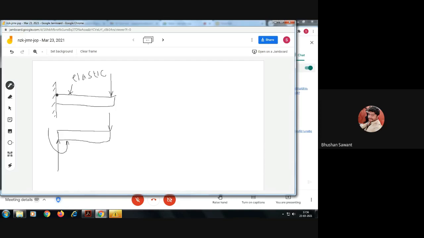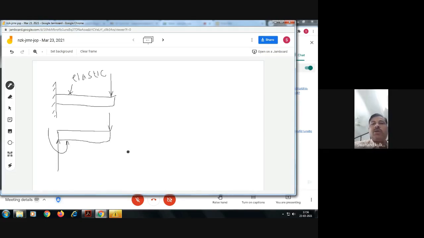Yes, sir. So at the left side, this was fixed. But in order to solve this problem, I have replaced this support system with the help of these two arrows. Out of these, the first arrow is in the upward direction. That means whatever the downward force, the same force acts in the upward direction also. So upward and downward forces are the same. The support will bear the total downward force and give support in the upward direction.